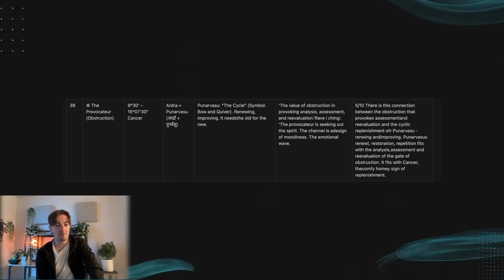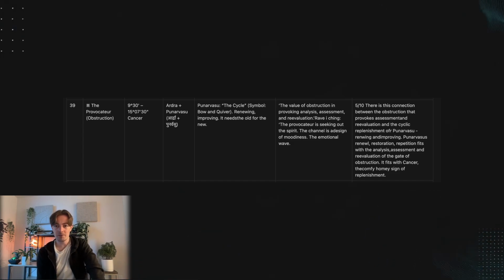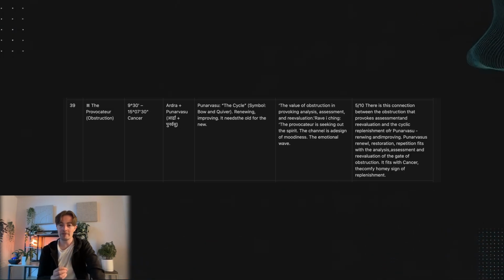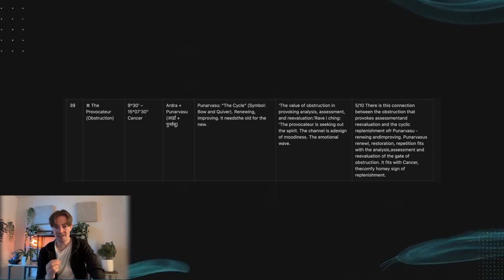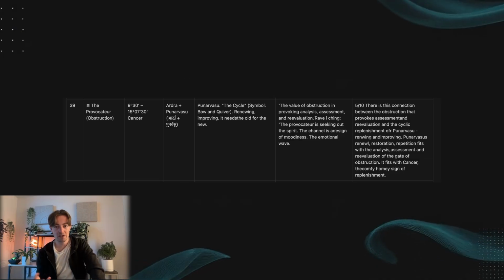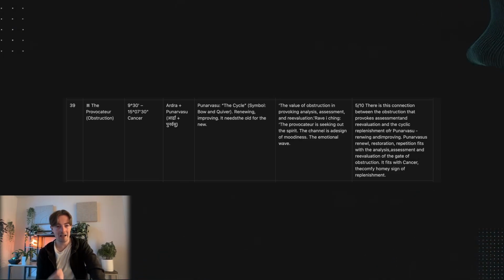So the notes that I have for this human design gate, the gate of obstruction: the value of obstruction in provoking analysis, assessment, and reevaluation. From the I Ching, the provocateur is seeking out the spirit. The channel is a design of moodiness, the emotional wave. So the channel of this gate is a design of moodiness.